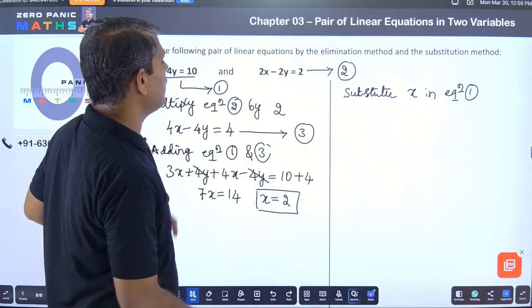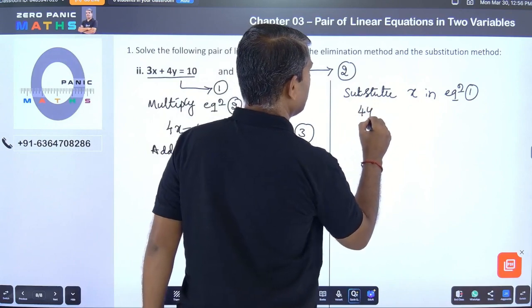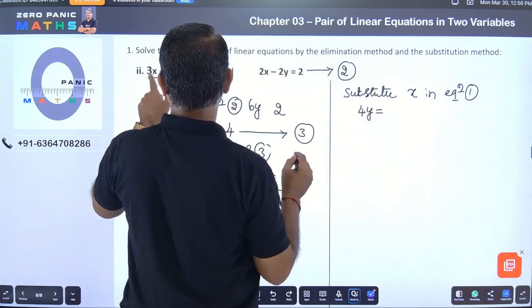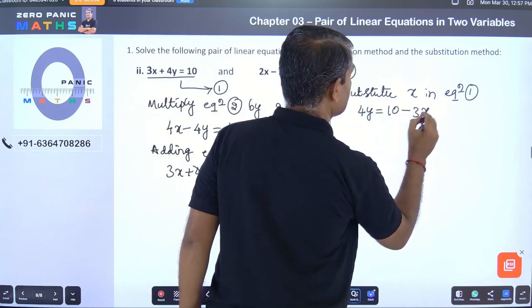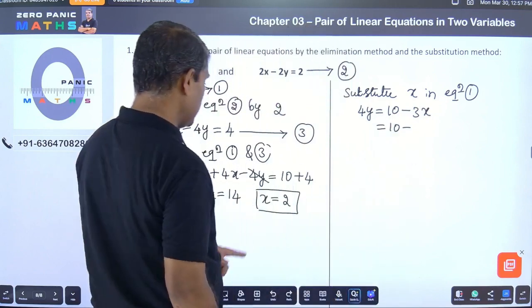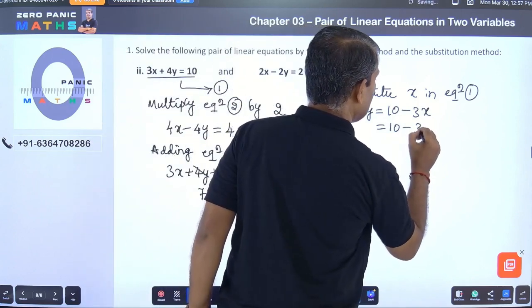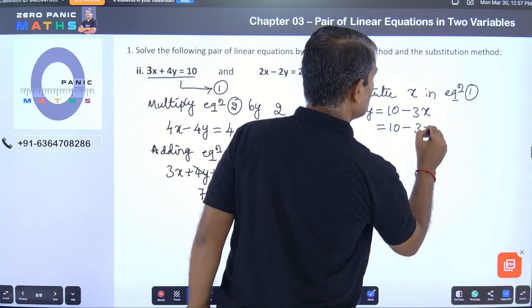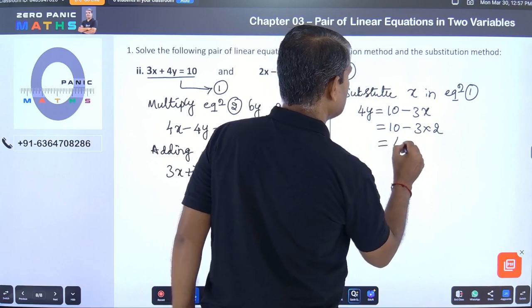So what does it give me? I'll have 4y is equal to 10 minus 3x. And the x value I already have. What is the x value? x value is 2. So it is 3 into 2, that is 10 minus 6, which is 4.